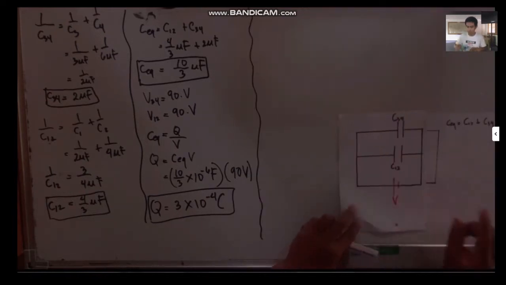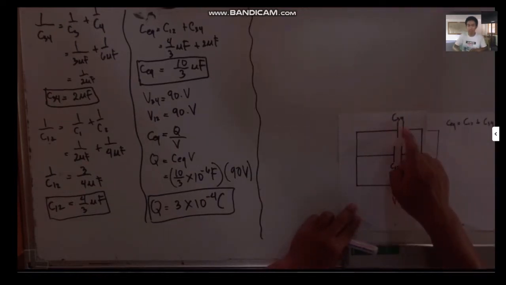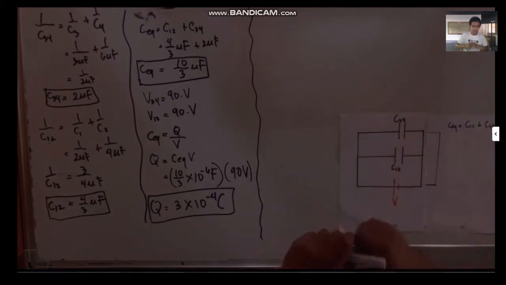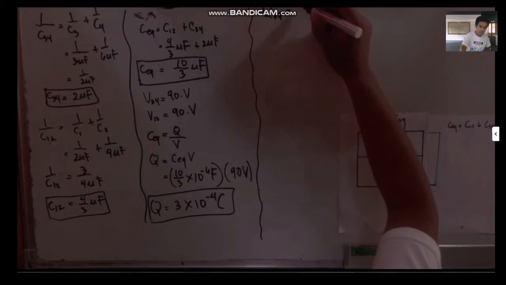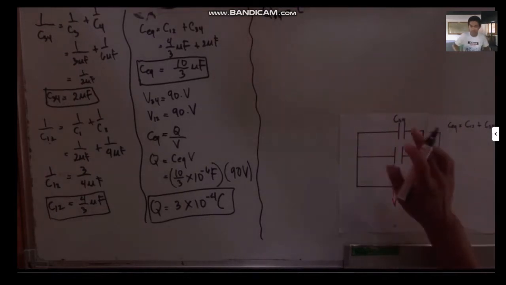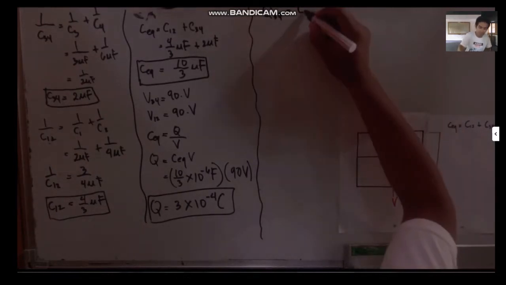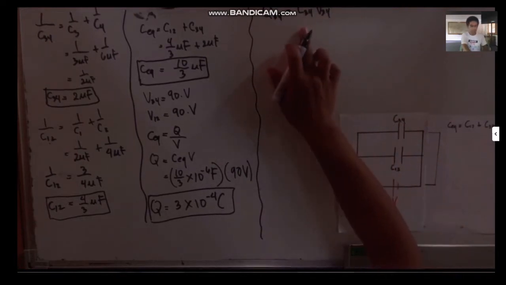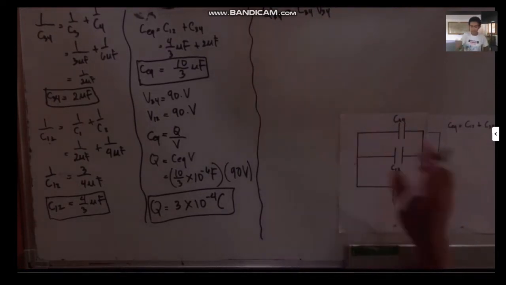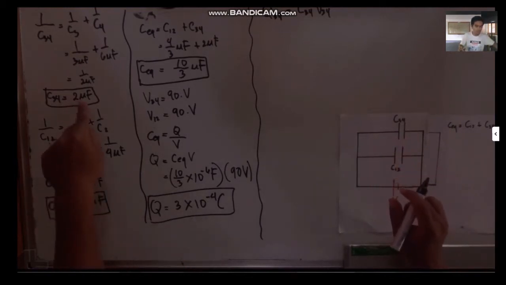Next, we will obtain the charge of C34. Alright, so the charge of C34, or Q34, will be equal to the capacitance of C34 times the voltage of C34. Do we have the equivalent capacitance of 3 and 4? Yes, we have, which is 2 microfarad.